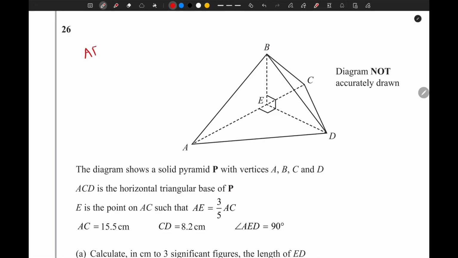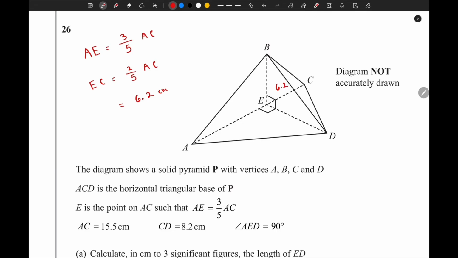Alright, so we know that AE is equal to 3/5 of AC. Actually, we do not need to find out the length of AE. We can say that EC will be equal to 2/5 of AC. And the value of AC is 15.5, so the value of EC would be 6.2 centimeters.